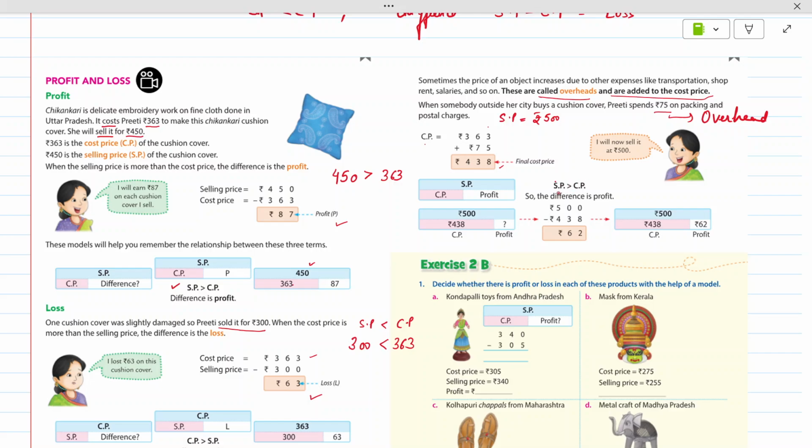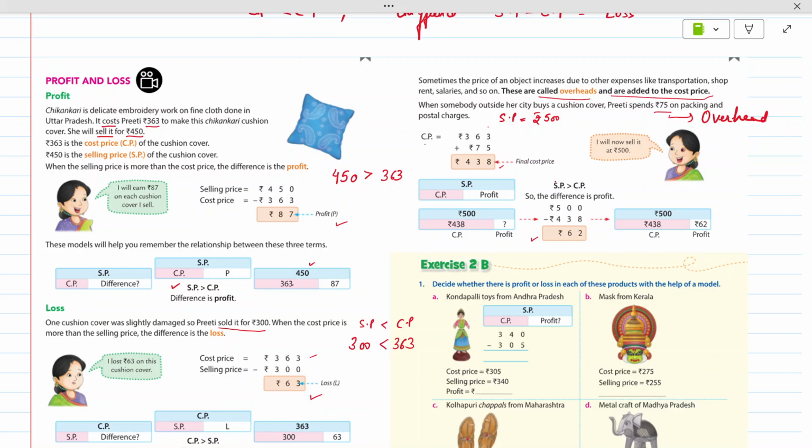That means the selling price is more than the cost price. So Preeti is making a profit, and the amount of profit is the difference between the selling price and cost price, which is rupees 62 here. So 62 is the difference, which is profit in this case. Why profit? Because the selling price is greater than the cost price here.